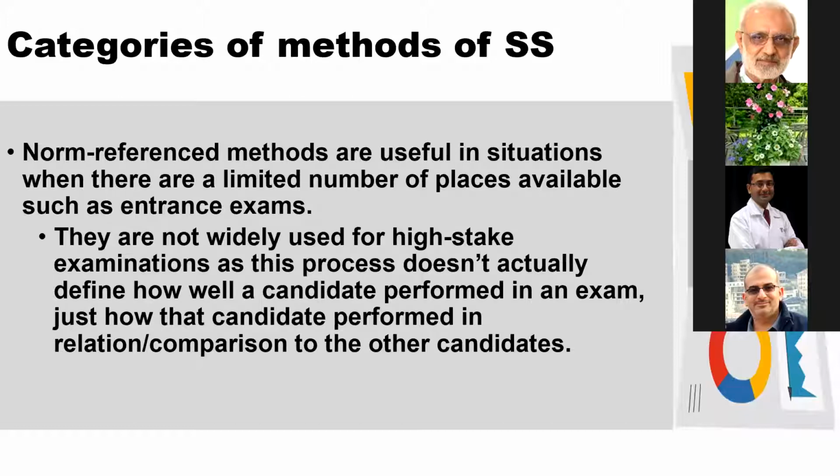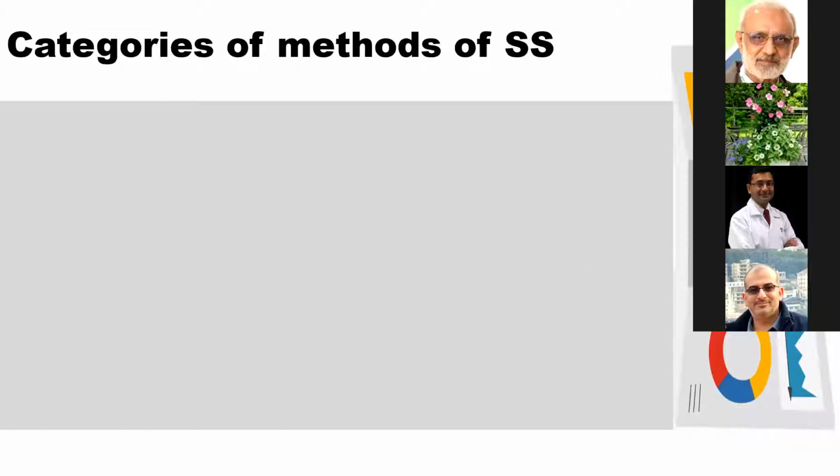They are not widely used for high-stake examinations, as this process does not actually define how well a candidate performed in an examination, just how that candidate performed in comparison to other candidates appearing in the same examination.